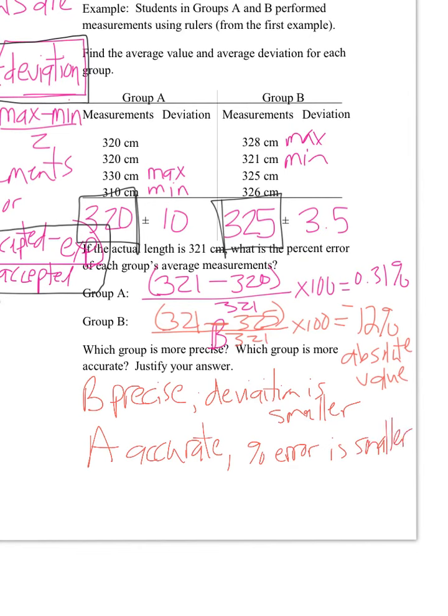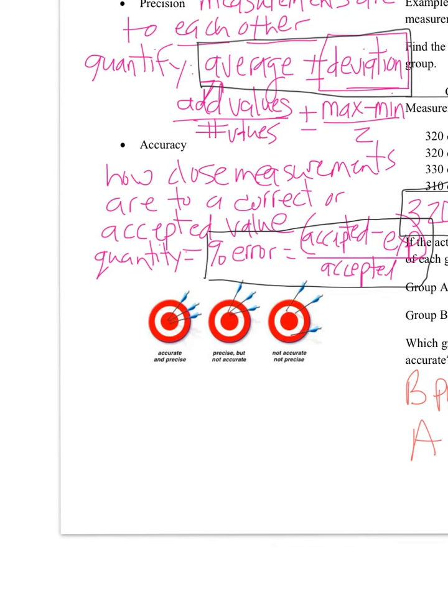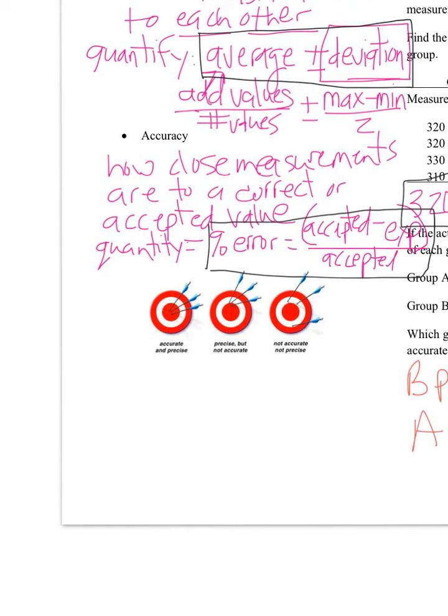Then there's just one more thing about accuracy and precision, and this is kind of a visual. Over here in the bottom left-hand corner of your notes, we look at this dartboard. If we think about accurate, it's going to be hitting the middle of the target.